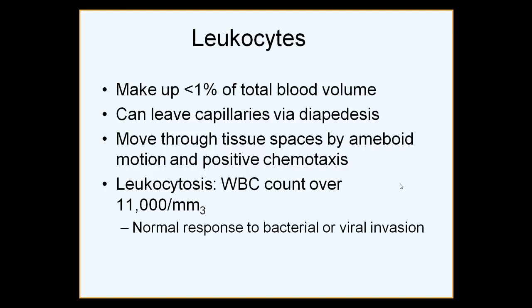Now, the white blood cells are less than 1% of your total blood volume, and we did talk about the fact that the neutrophils leave the capillaries by diapedesis, and the monocytes escape the blood and go to the tissues to become macrophages.